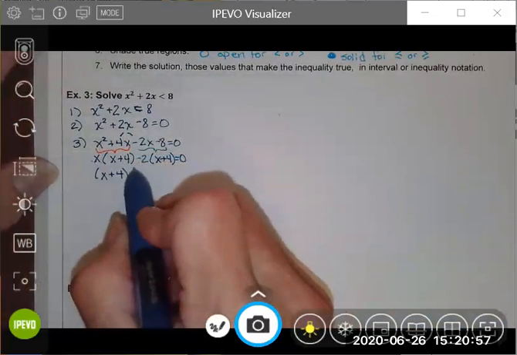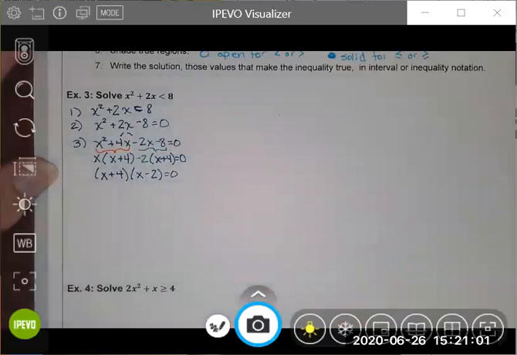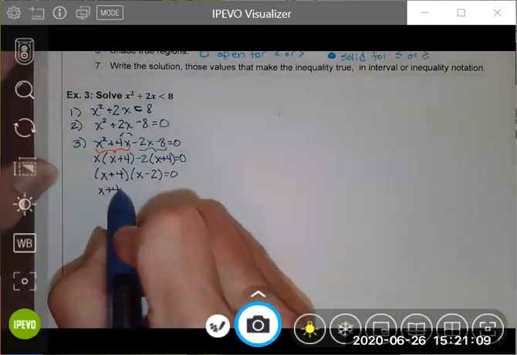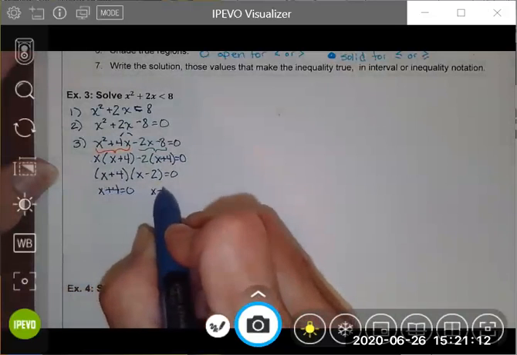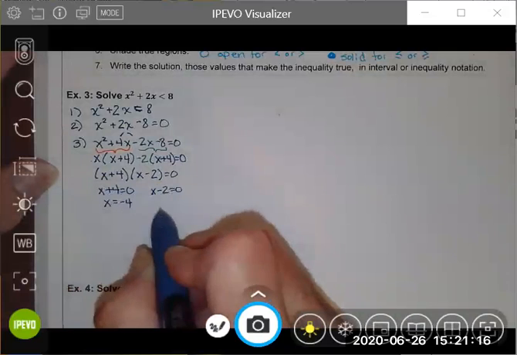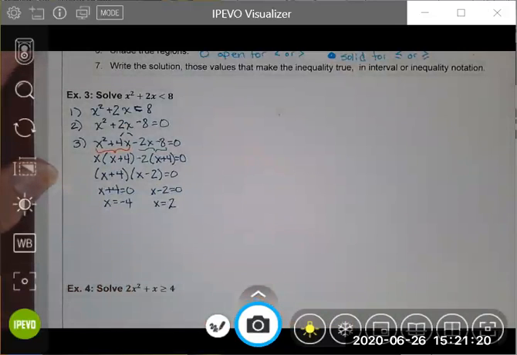And then the other factor is the part that remains after I do my factorization. So those are my two factors. Once I have factors, I set each one equal to 0 with my baby equations, and I solve, and I end up with x equals -4, x equals 2. All right, so now I have my solutions.